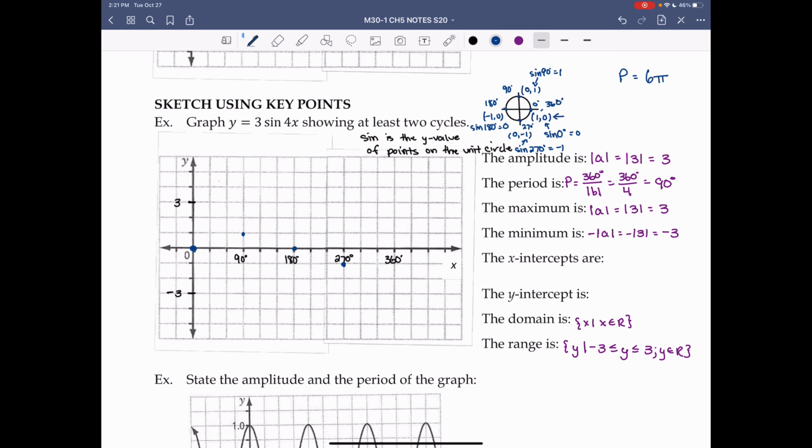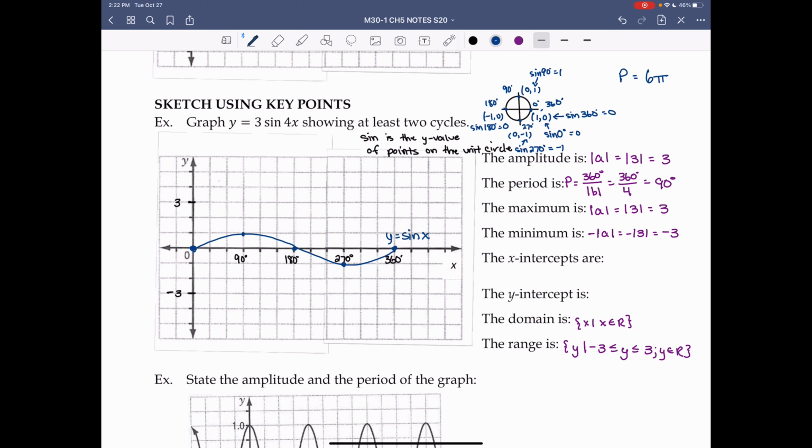So again, we get that sine of 360 this time is equal to 0. Find 360 on the x-axis and plot a point at y equals 0. And that gives us y equals sine x.